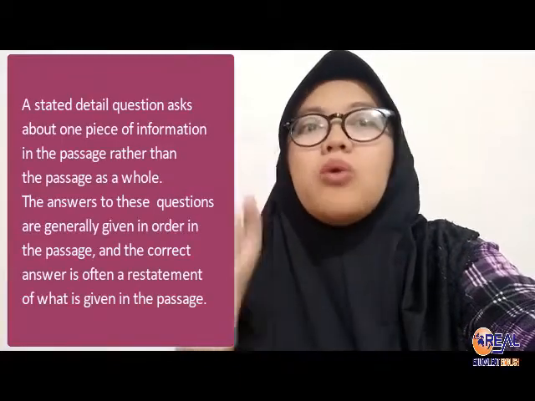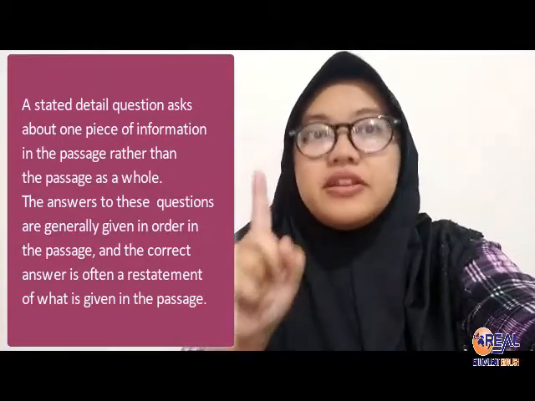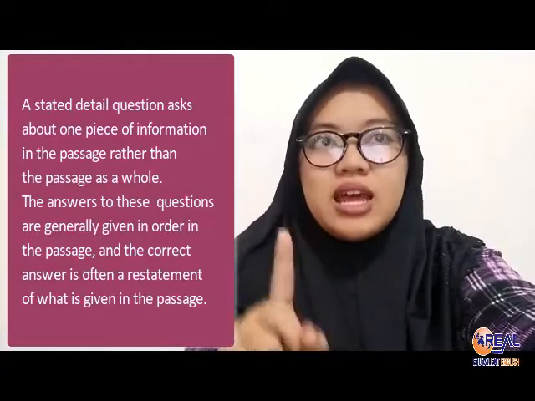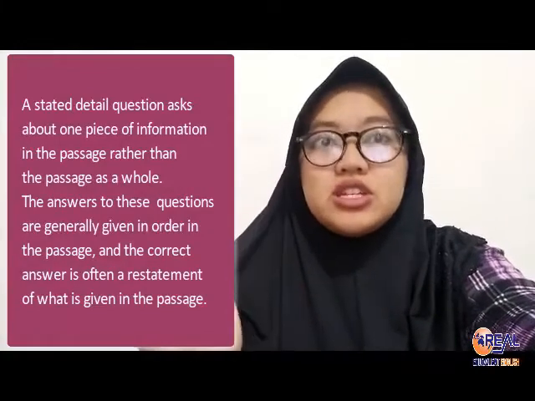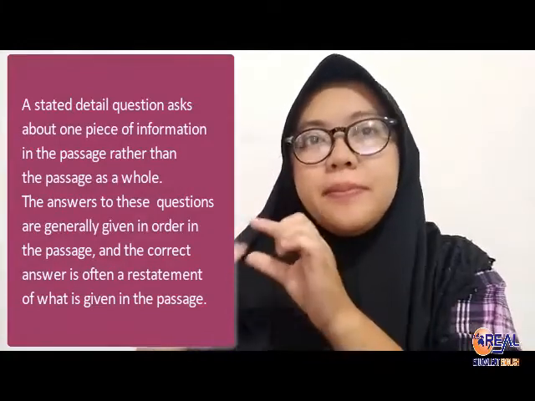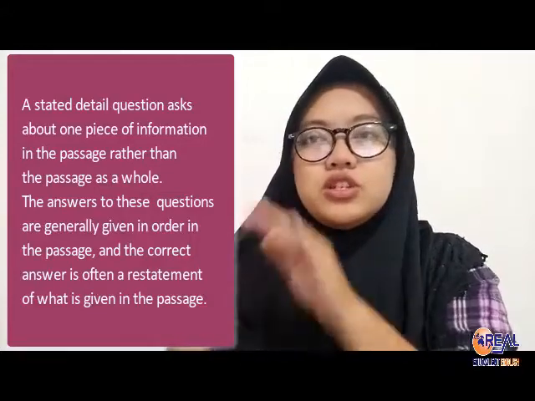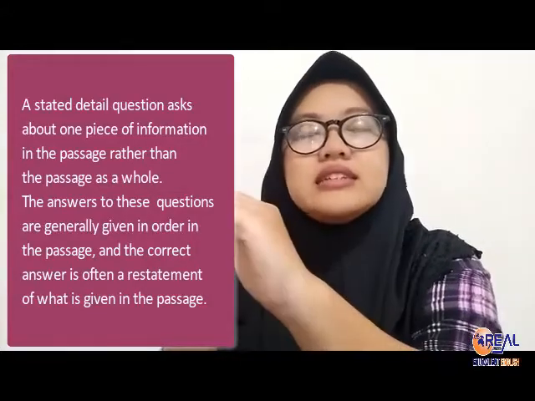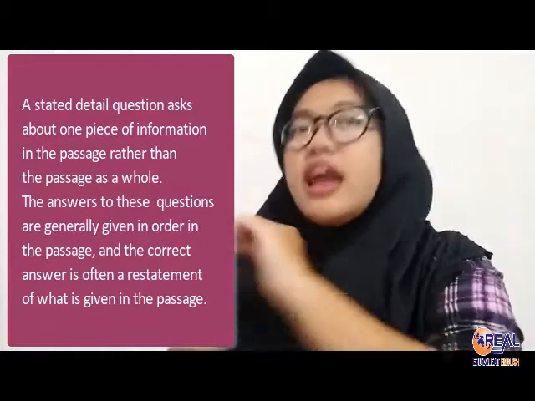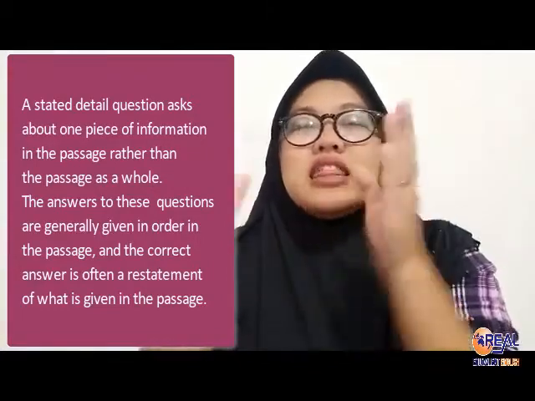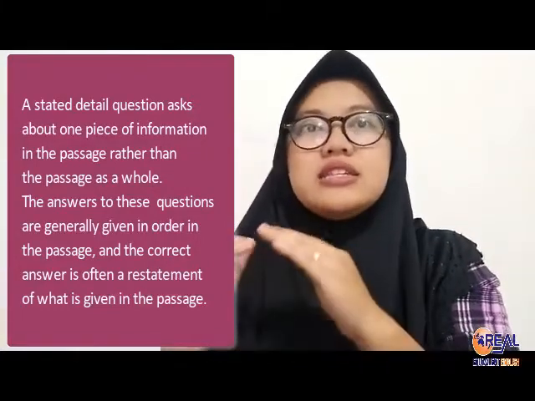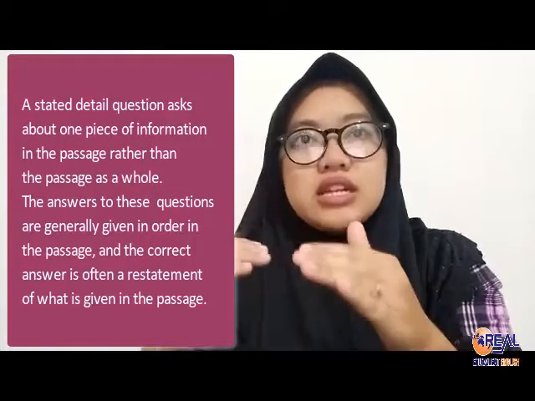First, finding stated answers. A stated detail question asks about one piece of information in the passage rather than the passage as a whole. So it's only a piece of information in the passage, like only in line 2 or in line 3, only that. The answers to these questions are generally given in order in the passage.